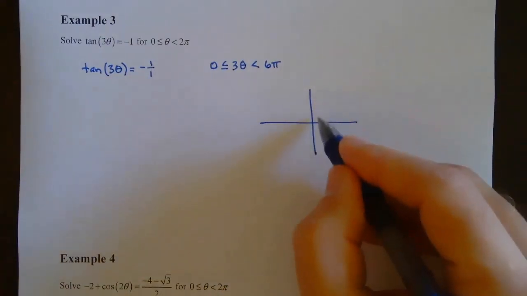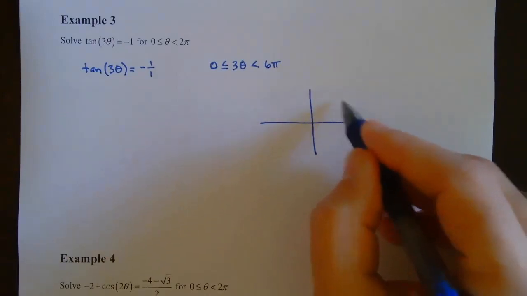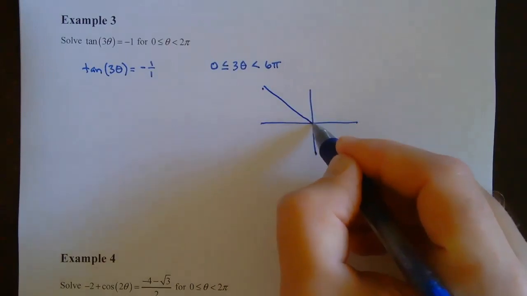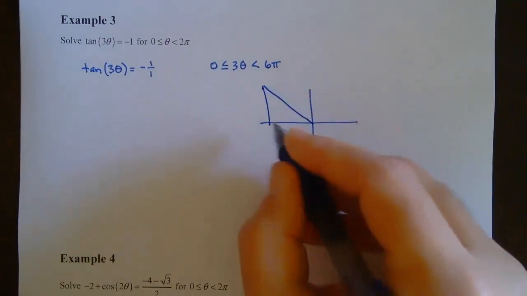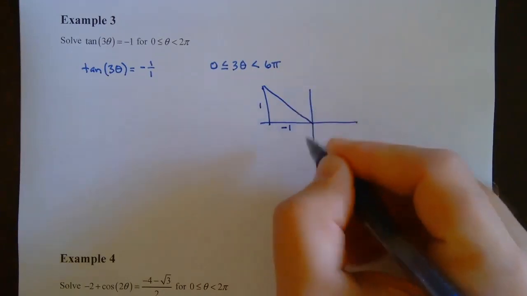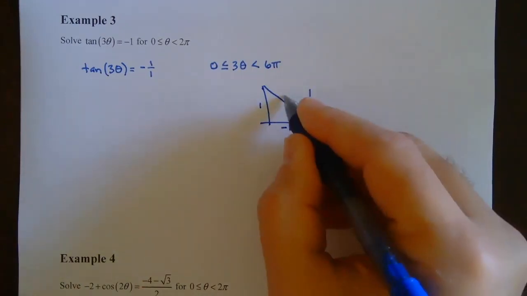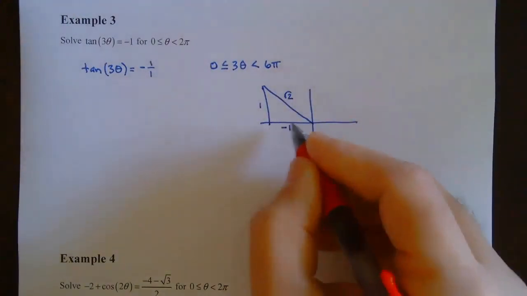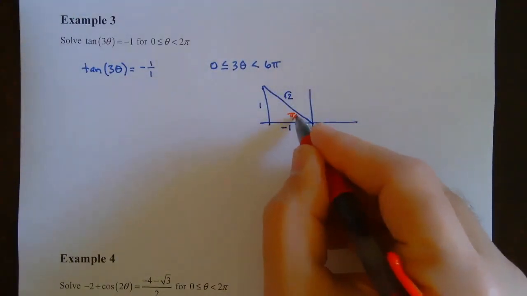So I'm not going to draw in the first quadrant because y and x are both positive there. I'm going to draw one of my triangles in the second quadrant, because there the x would be -1, the y would be 1, and based on those, I would know this is the square root of 2. And I would also know this reference angle is pi over 4.